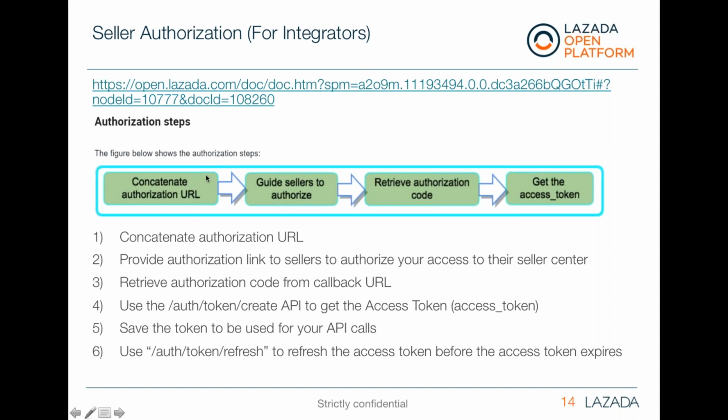And then the second step is to open this URL, and on the authorization page, you will need to authorize your application using the seller account and the password, and then you can call the seller authorization API to use this code to get the access token.